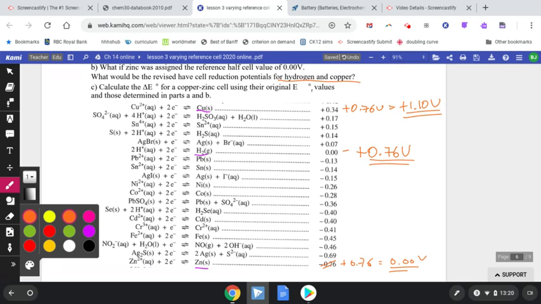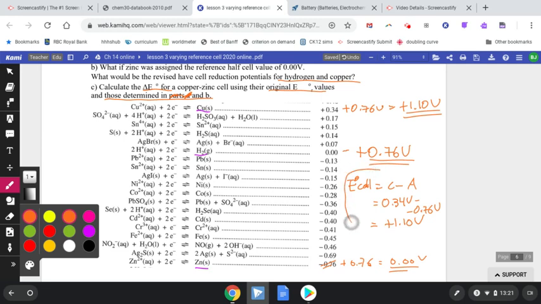Calculate the overall cell potential for a copper zinc cell using their original values and those determined from part B above. Okay, so originally, electric cell potential is cathode minus anode. So using original values, cathode of copper would be 0.34 minus negative 0.76, positive 1.10 volts.